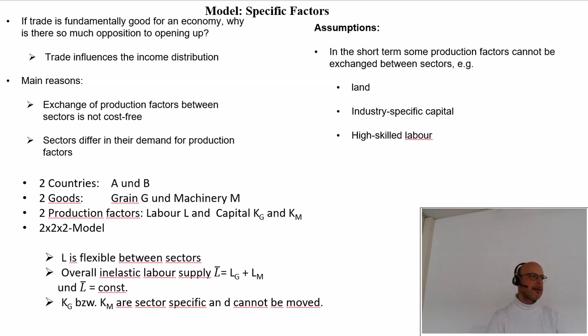And now we want to start to relax a very, very strong assumption which we made in the Ricardo model, because in the Ricardo model, in the end, we had only one production factor. And this was labor. And also we assumed that labor is totally flexible.